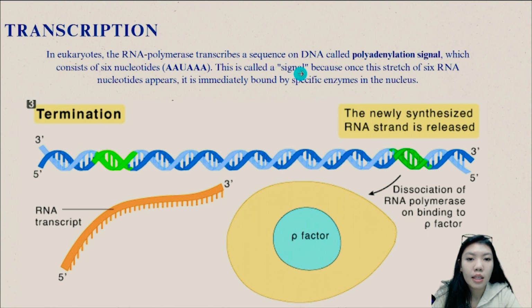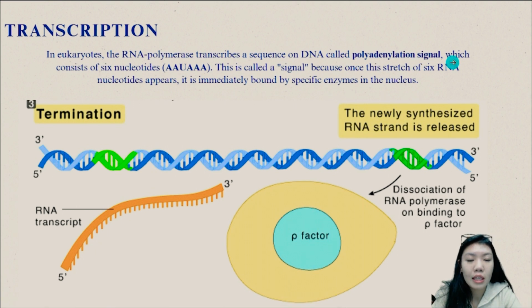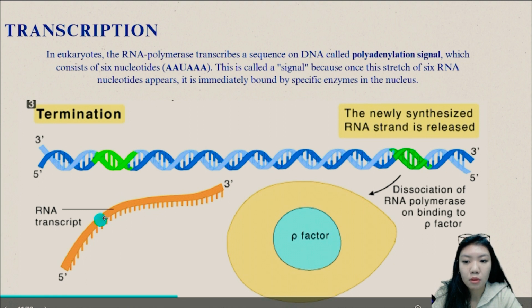This signal tells the mRNA to end this process. So RNA polymerase recognizes the polyadenylation signal, and it ends the process. So finally, the product is mRNA. The mRNA transcript is built in the end.